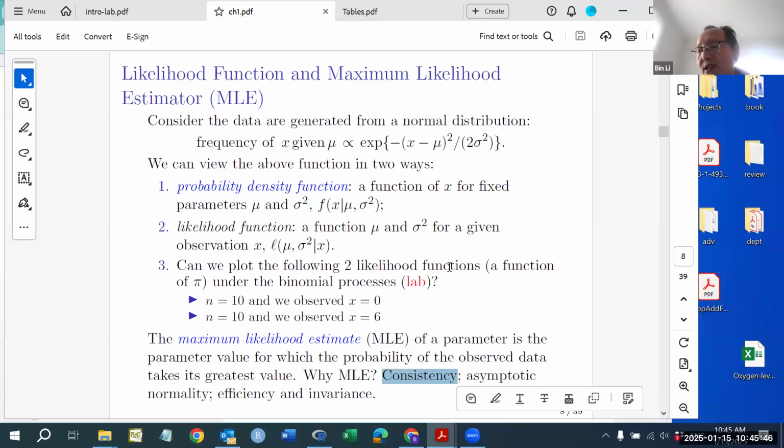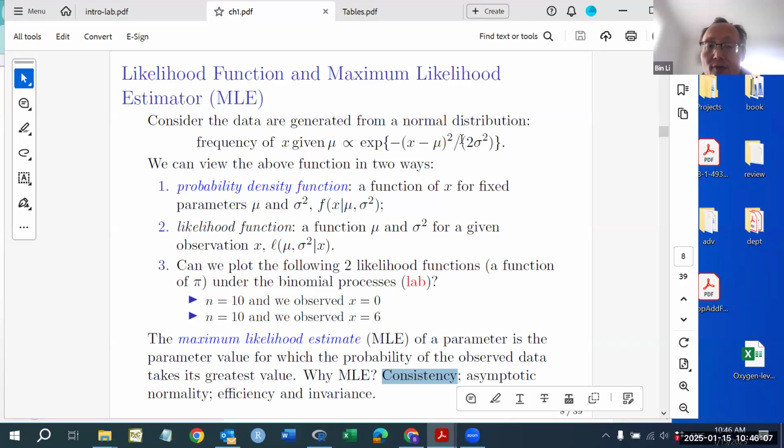Okay, I won't talk about the technical details. I'm just explaining consistency. What does consistency mean? An estimate is consistent if, as the sample size increases larger and larger, and you may ask what the sample size is here, the number of trials.